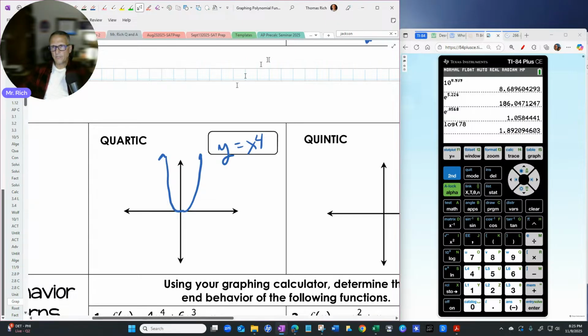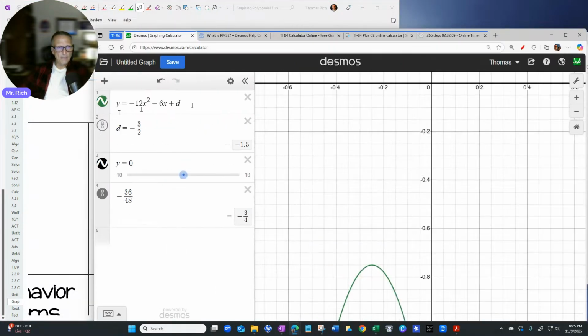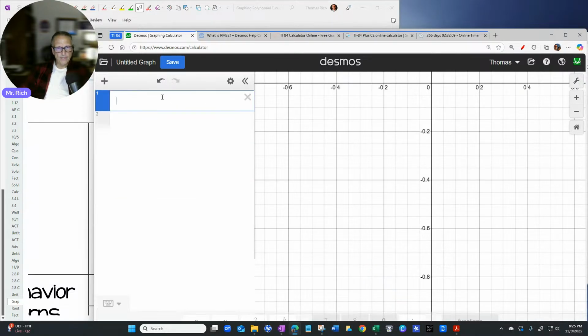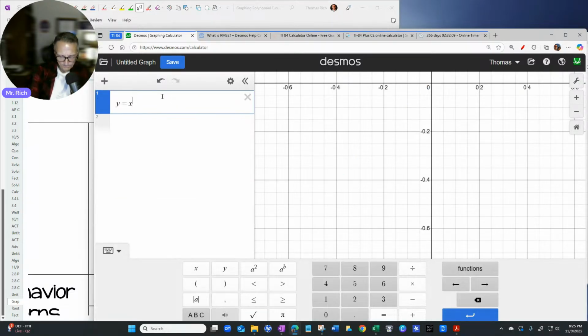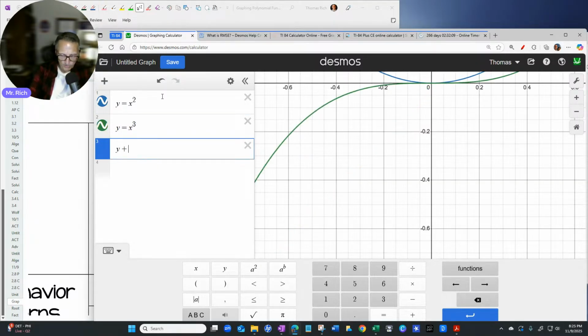Now I'm going to go over to Desmos and just maybe compare these three graphs for a second. So let's take a look here at a basic quadratic, a basic cubic function, third degree polynomial, and a fourth degree, like that.